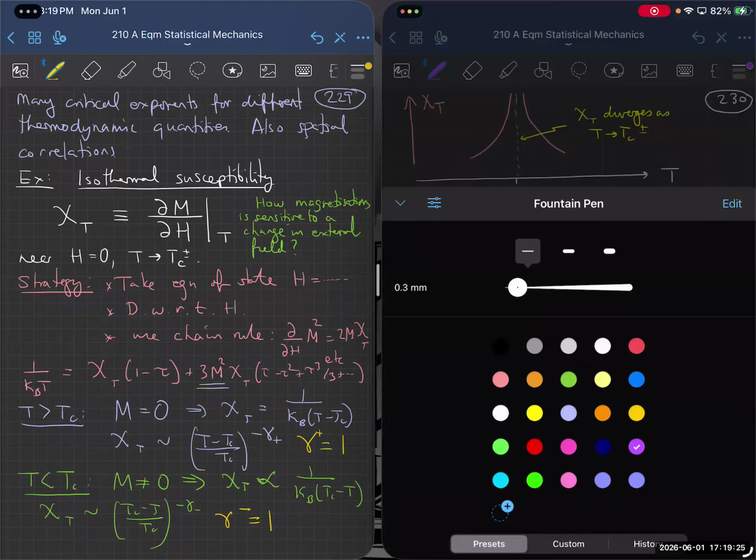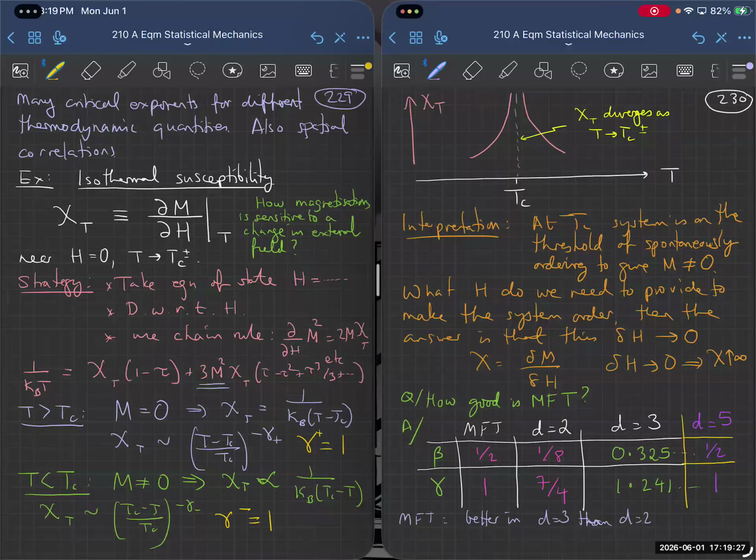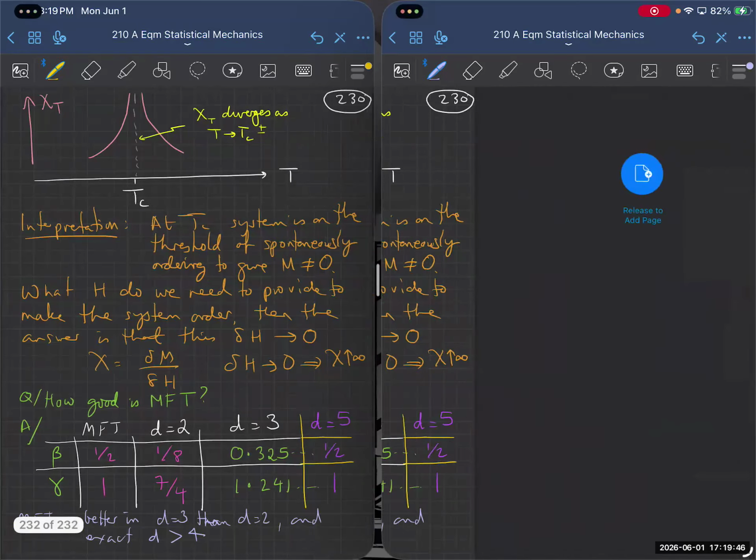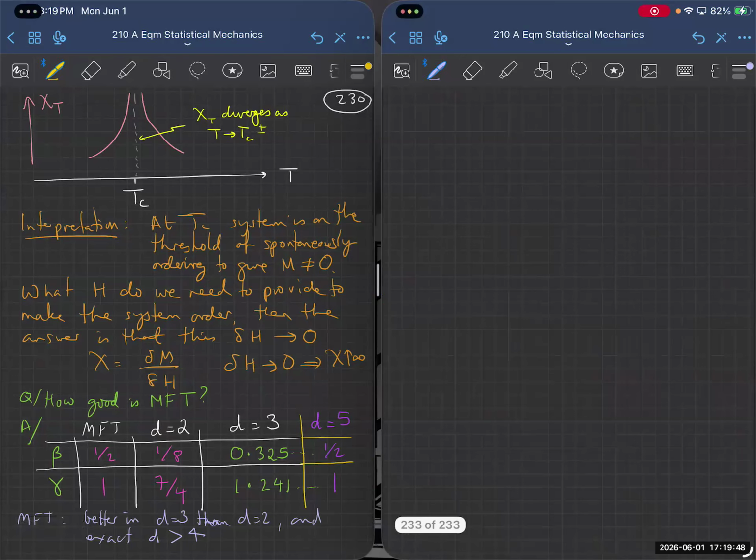So mean field theory is better in d equals 3 than d equals 2, and in fact exact for d greater than 4. In d equals 4, there's logarithms and things like this, so it's not exactly the same. Okay? So as you go to higher dimensions, then mean field theory works better.